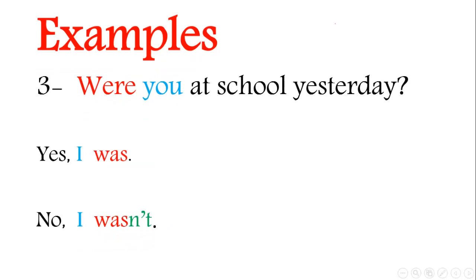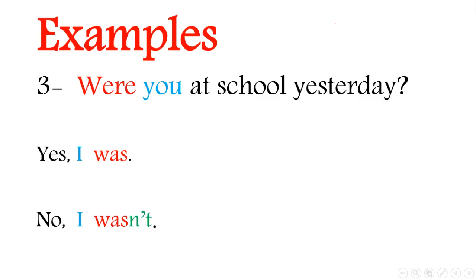Do you remember? Again, if we use you in the question, here you changes into I in the answer. And we say yes, I. If I put were here, if I make a change between them and put were, it's wrong.